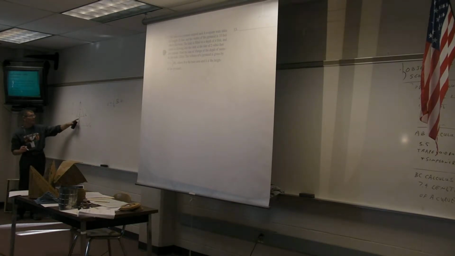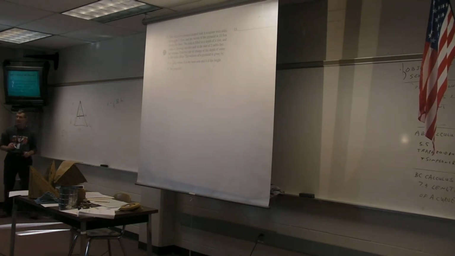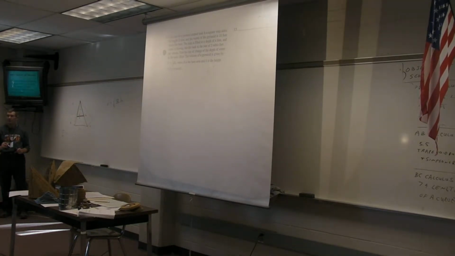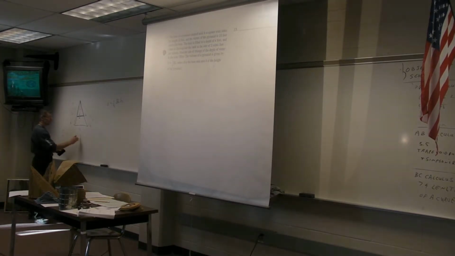Now, what is the relationship between b and h? Because we know that this triangle is similar to that triangle. So that means what? 10 over 12 is always going to be the same ratio as h is to b.